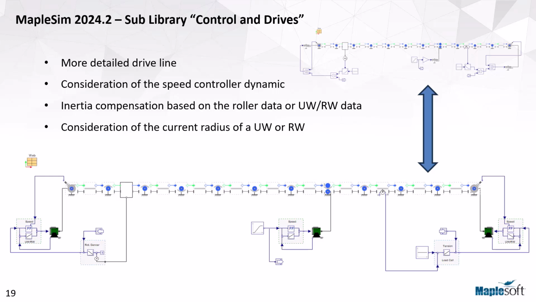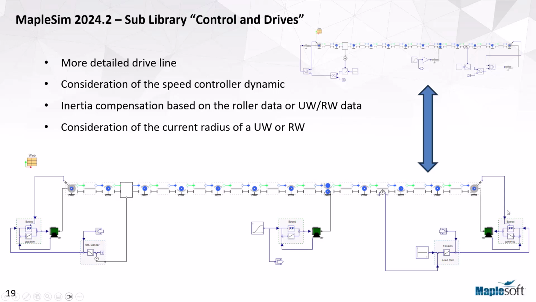Inertia compensation is included. That means the speed controller here needs geometric information from this roller. And also the speed controller for a winder or unwinder needs information of the web on this drum. And that's the reason for the feedback signal of the diameter here, for example.